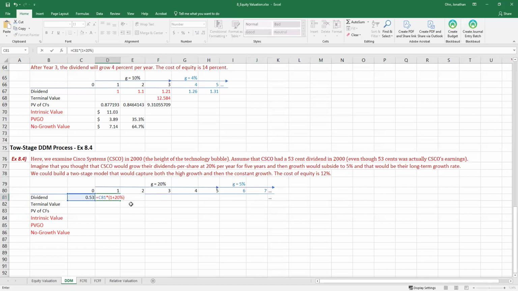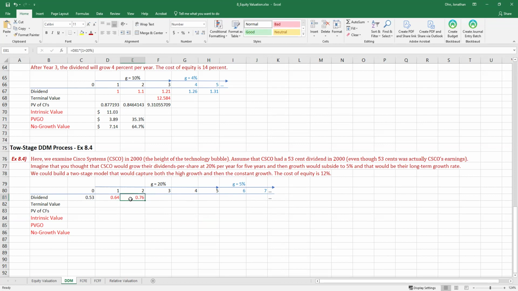This is the mathematical definition of growth rate. So the dividend will go to 64 cents, and the same thing, starting with the 64 cents times 1 plus 20%. That is the following year.